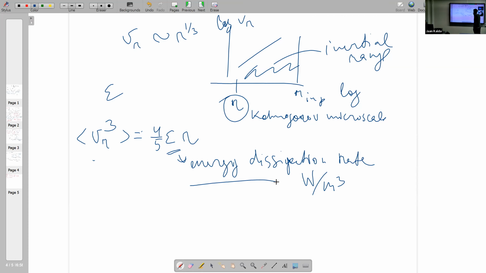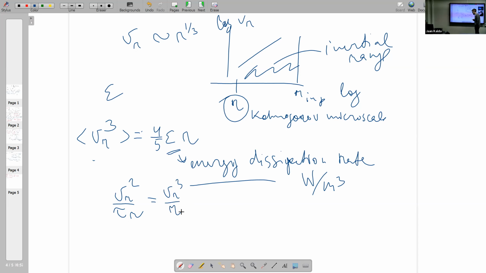Now, let us recall how we derived the Kolmogorov turbulence. We wrote the energy transfer: kinetic energy, V squared, multiplied by tau r, the characteristic time related to these vortices. And tau r was equal to r divided by V(r), so it becomes V(r) cubed divided by r.